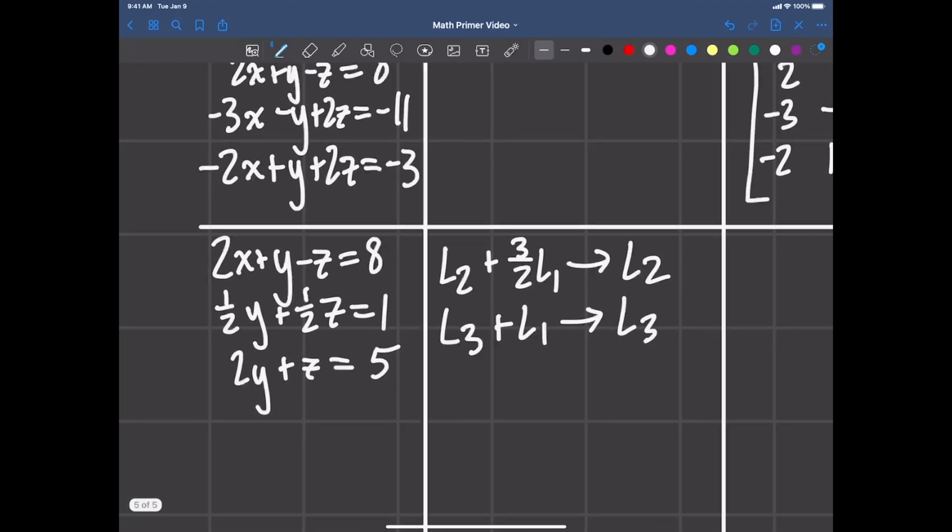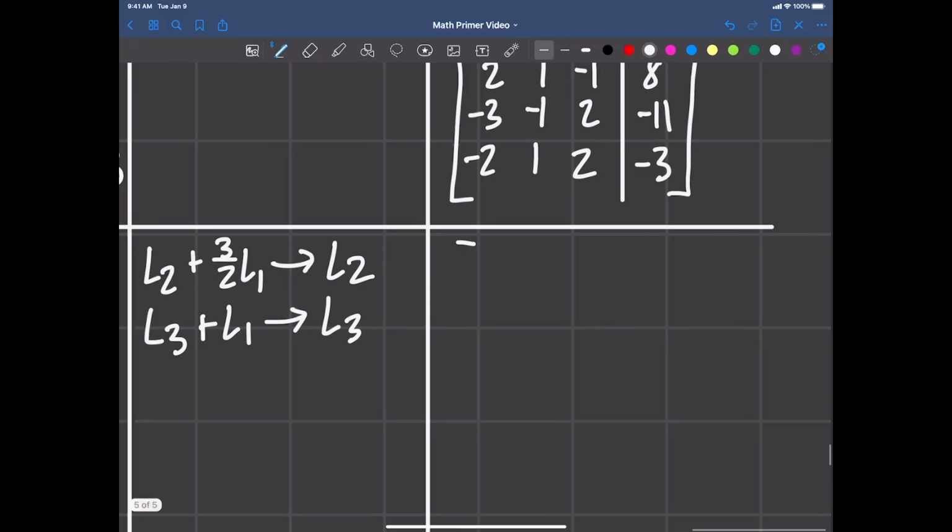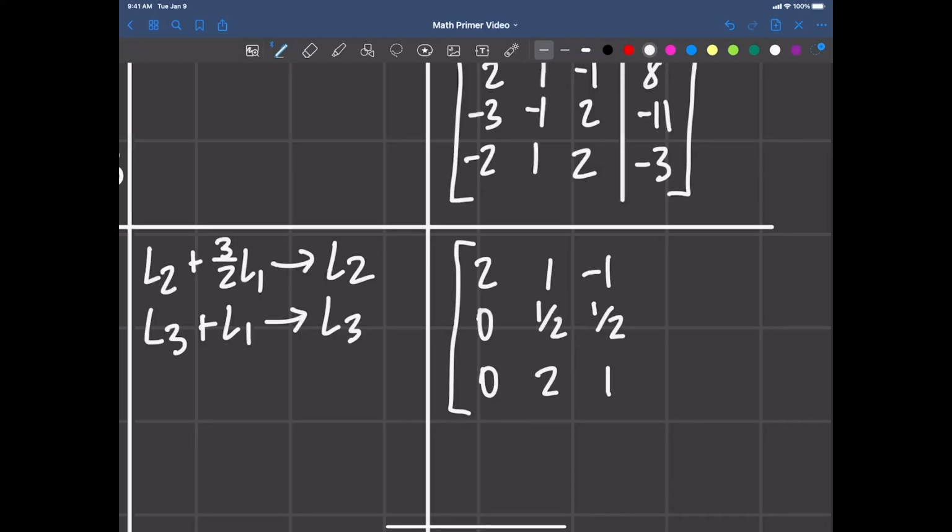Hopefully you can see how we got there. Then we do the same thing on this side. 2, 1, negative 1. The row 1 stays the same. 0, 1/2, 1/2, 0, 2, and 1. And this becomes 8, 1, and 5.